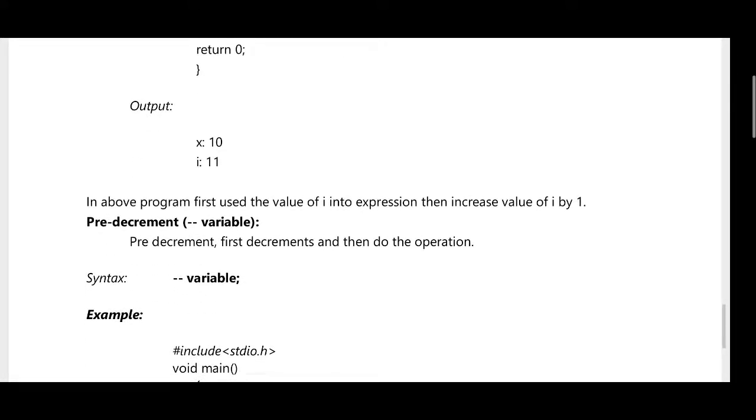The above program first uses the value of i in the expression, then increases the value of i by 1.